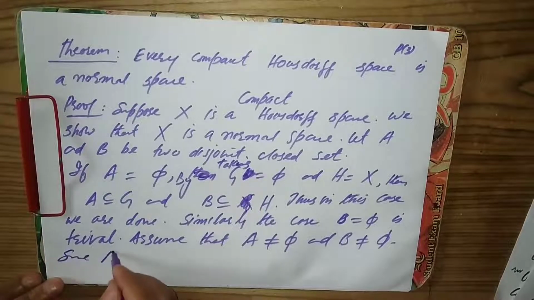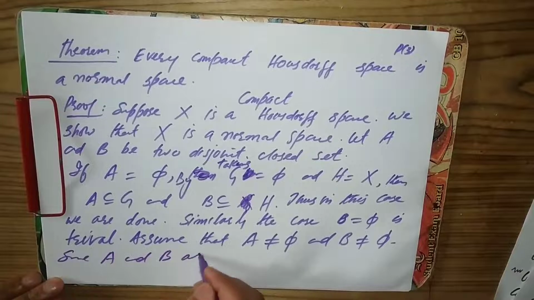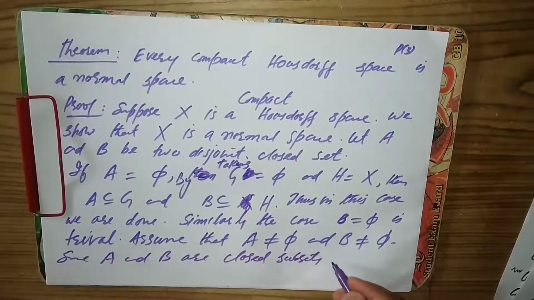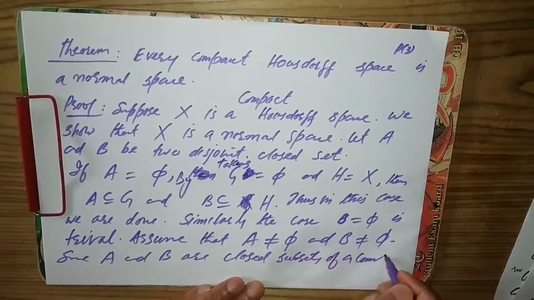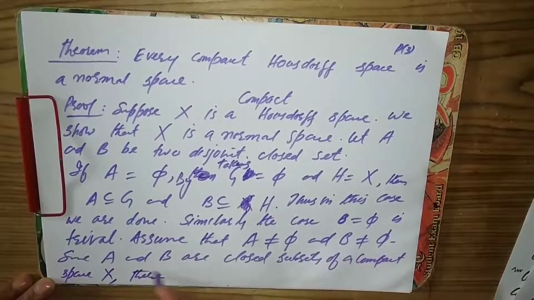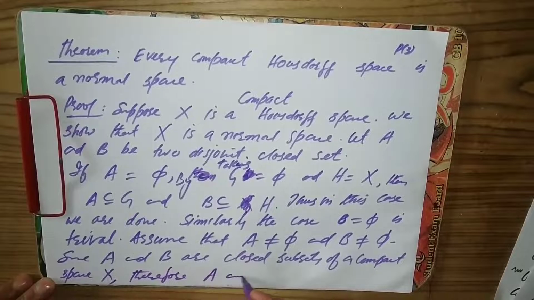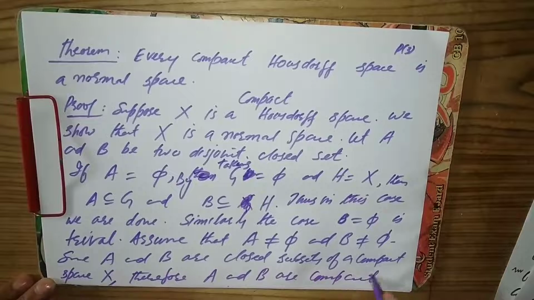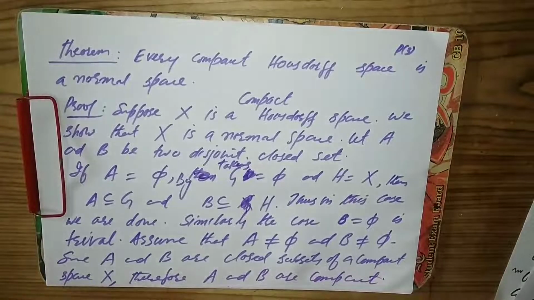Since A and B are closed subsets of the compact space X, therefore they are compact.